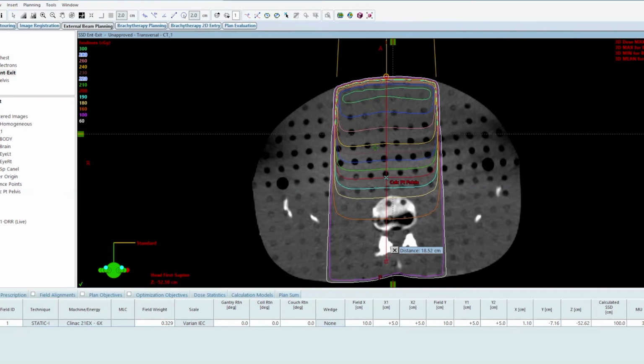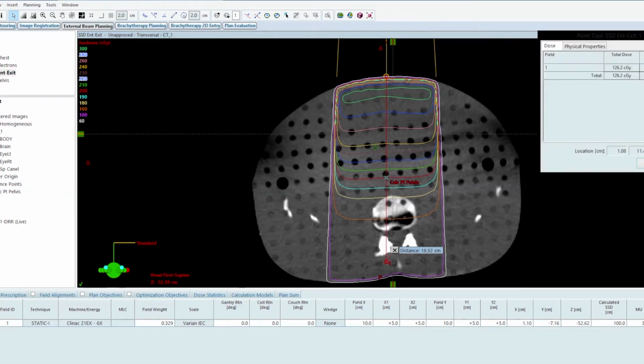Okay, and then I can use my dose point tool here, and you can see I have 126 centigray. Okay. So I'm less than 1% different from calculated. So that's going to be dose at the exit. You have to know what the percent depth dose is. So you can do a two-step method where you take your Dmax dose times whatever your PDD is at the exit point.